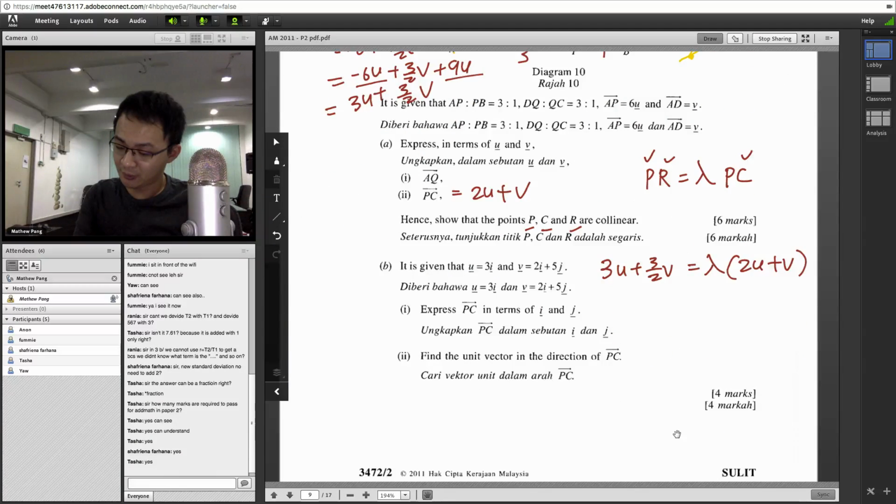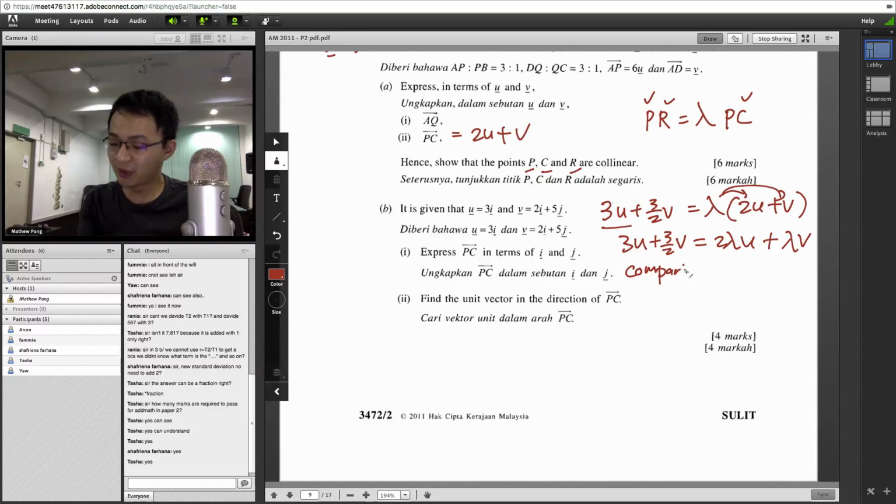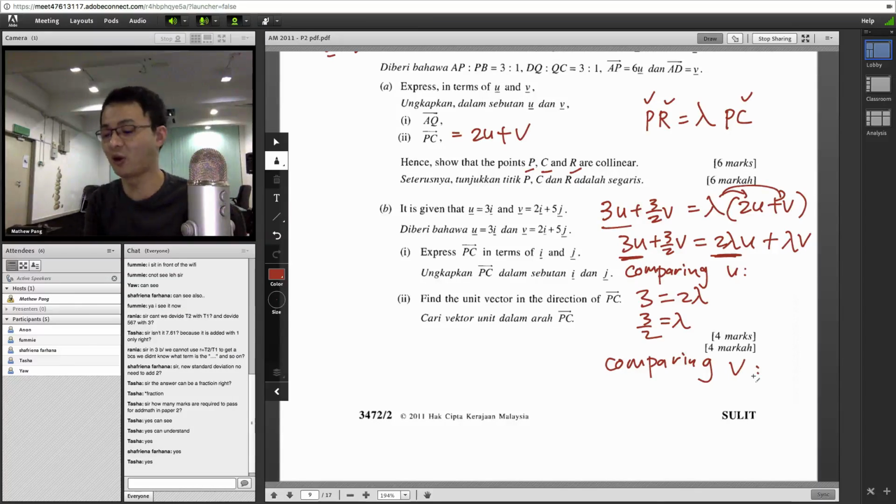So the lambda itself, I will multiply the lambda into both. 3U plus 3 over 2 V equals 2 lambda U plus lambda V. So therefore I compare the U. I compare whatever is beside the U. This is the thing beside the U, and this is the thing beside the U. 3 equals 2 lambda. Lambda equals 3 over 2. And then I compare the V. If V also gives me the same lambda value, that means they are collinear.